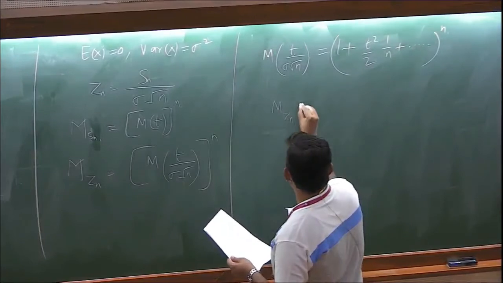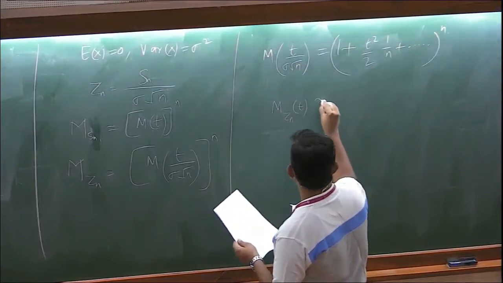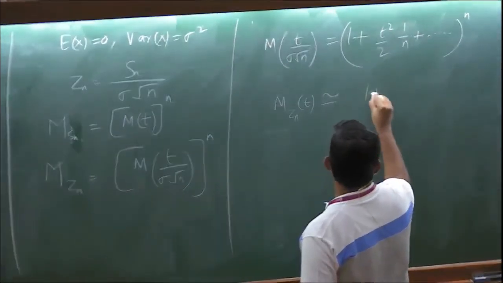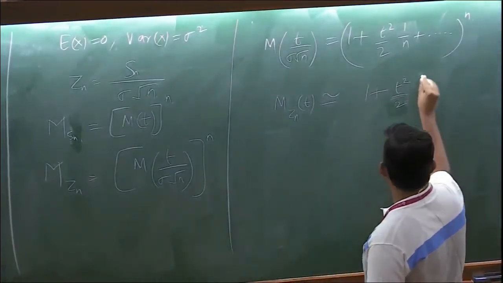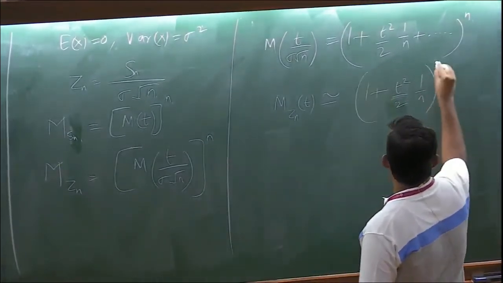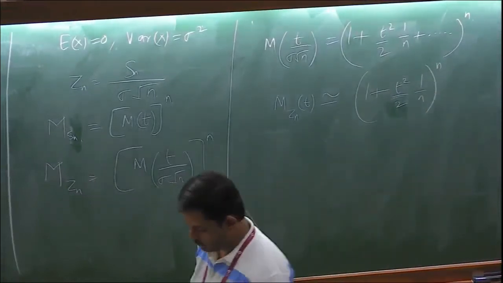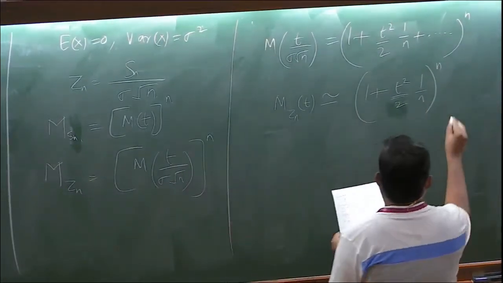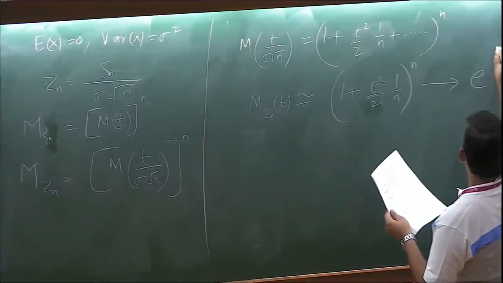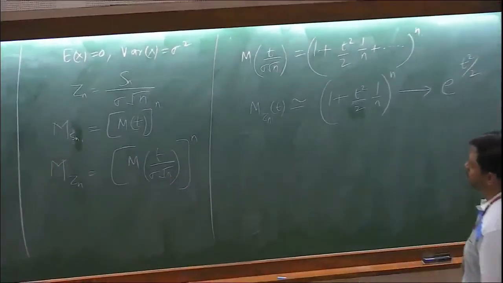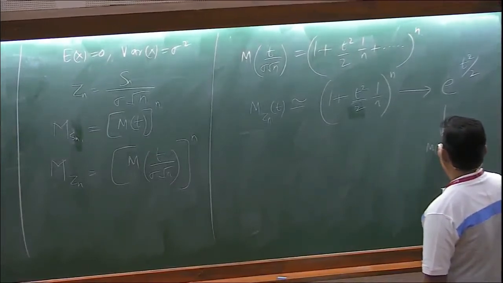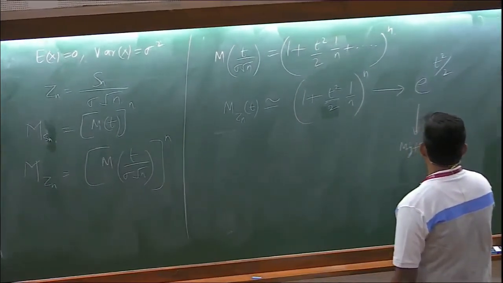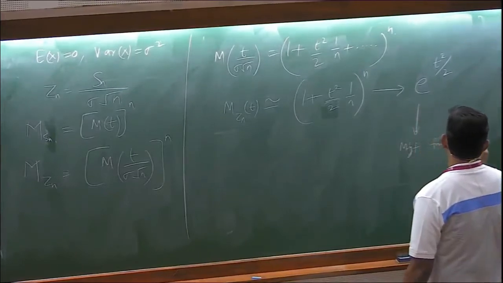So then the moment generating function for Zn will approximately be the same as 1 plus t squared by 2, 1 by n, whole to the power of n. And in the limit n tends to infinity, this will turn out to be e to the t squared by 2, which is the moment generating function, mgf, for a standard normal distribution.